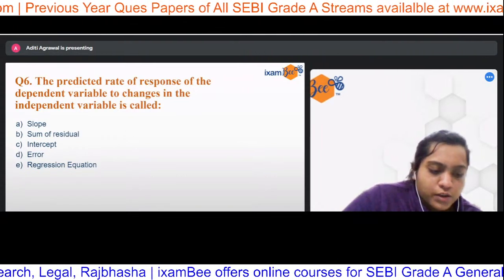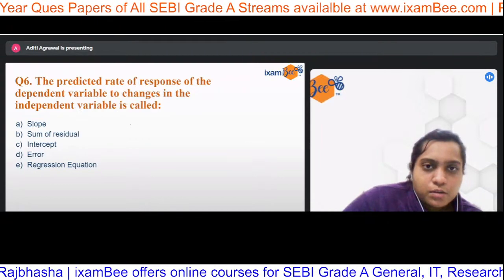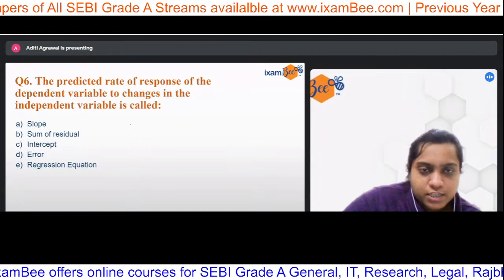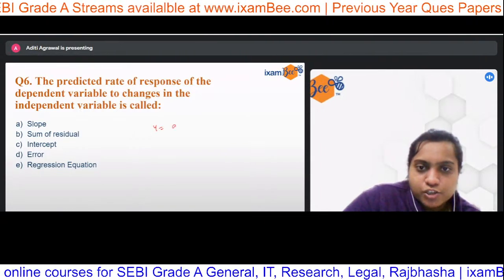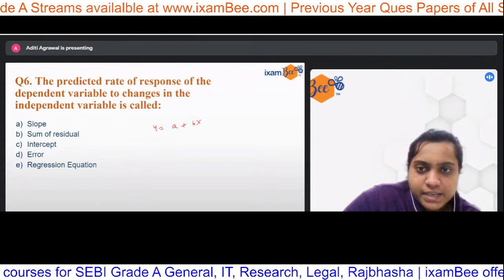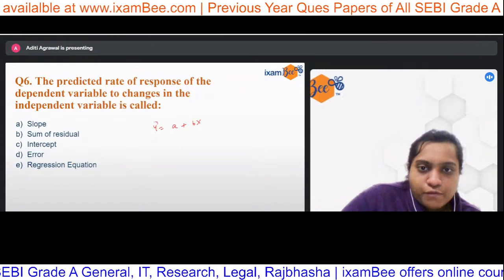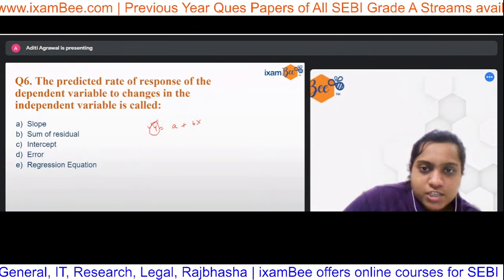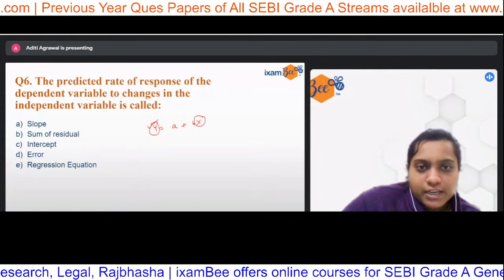So here, the predicted rate of response of the dependent variable to changes in the independent variable. So what is it trying to say? That if this is the regression equation, y is equal to a plus bx, the rate of response means by how much the dependent variable will change for a change in the independent variable.